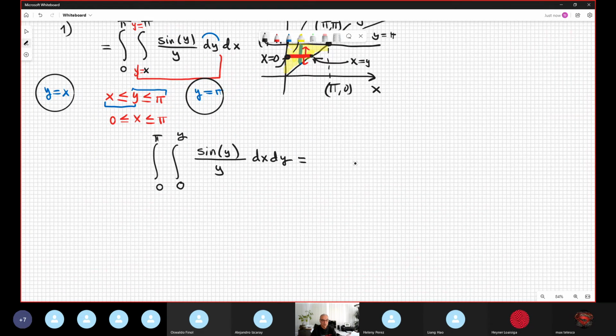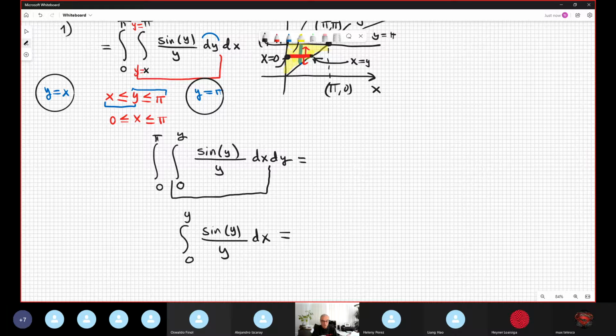My recommendation is you take the first level of the integration, copy it separately, and try to do it. The integrand function depends only on y.